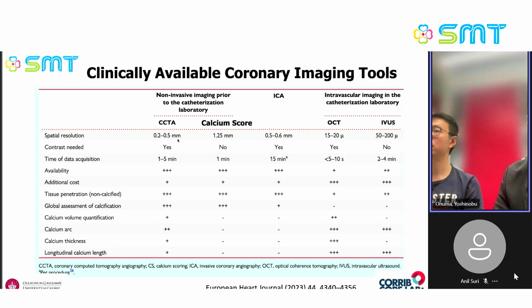But with the new generation, the spatial resolution of CT has really improved, to almost 200 micron, which is equivalent to invasive coronary angiography or even IVUS. There is, of course, some additional cost, but if the CT was already done before the PCI as part of the routine diagnostic pathway, I think it's good to use the CT images to plan the complex PCI.